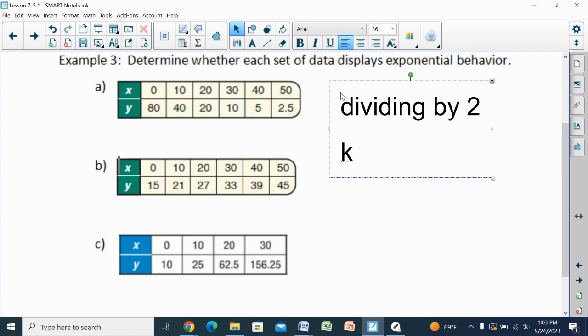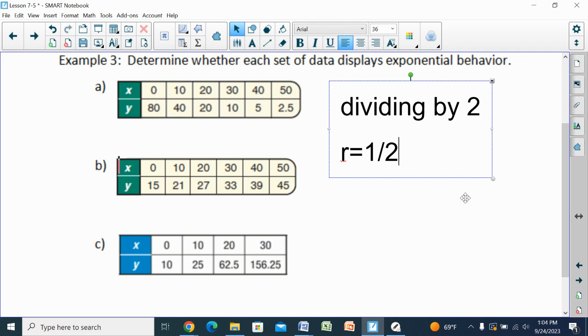So our r equals 1/2, because they're getting half as big every single time. So yes, this is exponential behavior, because r is equal to 1/2, which tells me that all of your y values are dividing by 2.